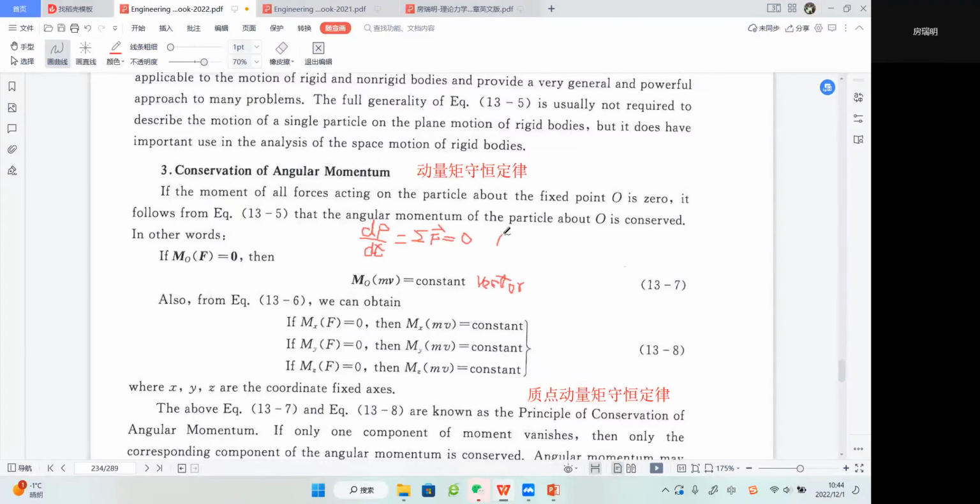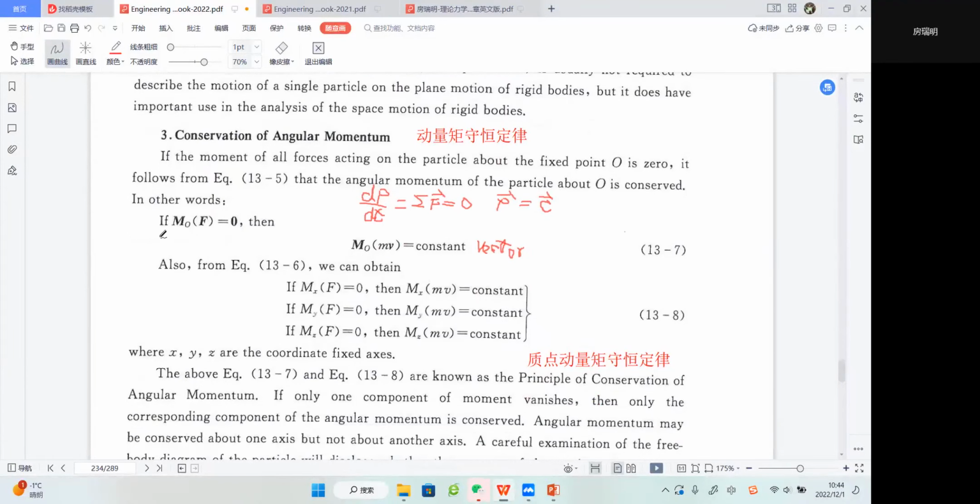That means p will also be a constant vector, right? A constant vector will never change its direction and never change its magnitude.